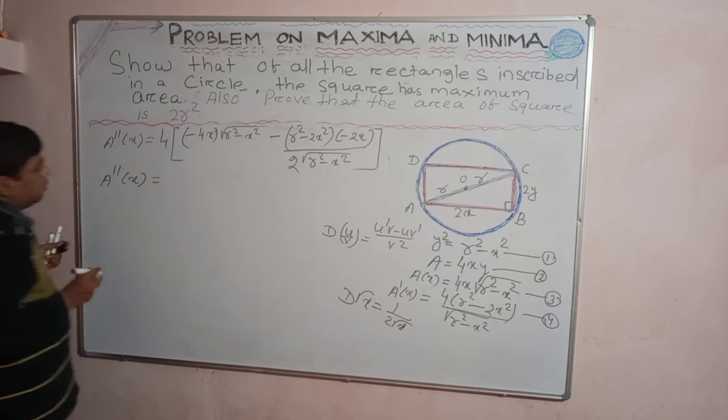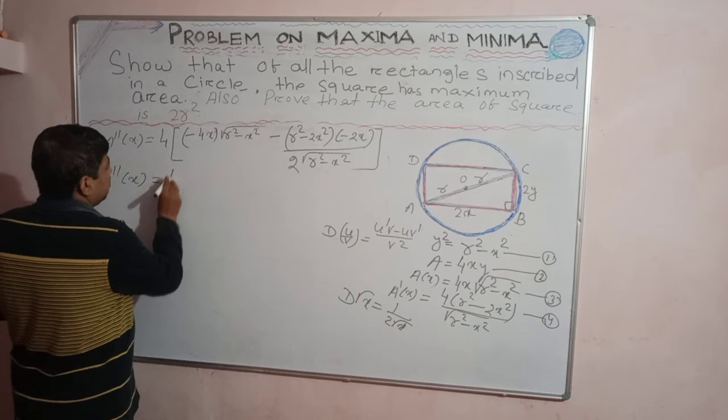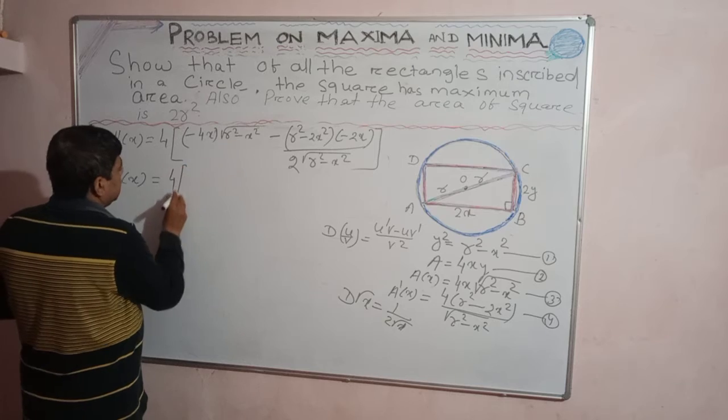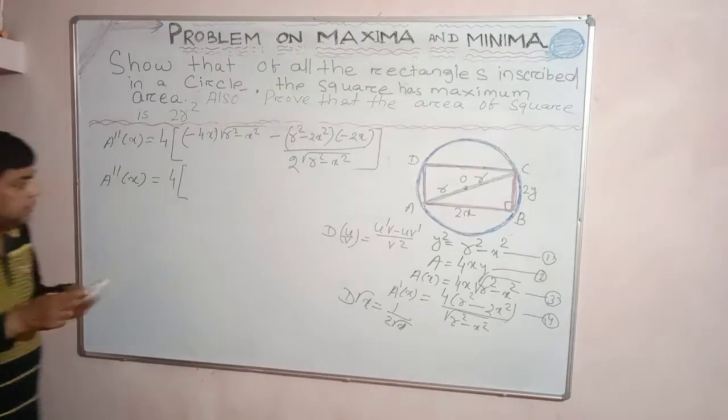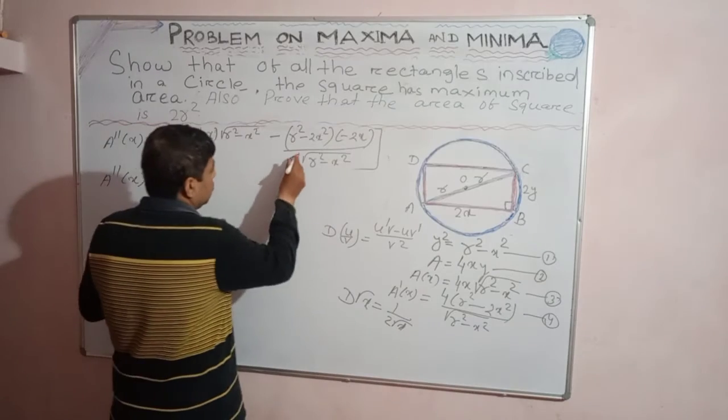A double dash x is equal to 4. Now what is here? You see, 2 can be cancelled here, we can cancel 2 and 2.